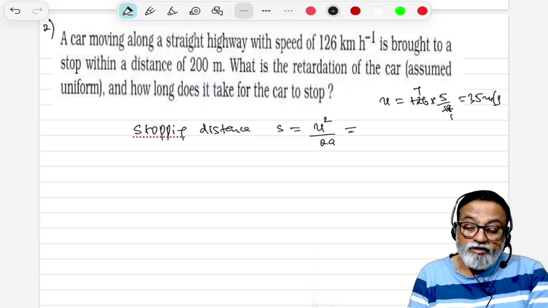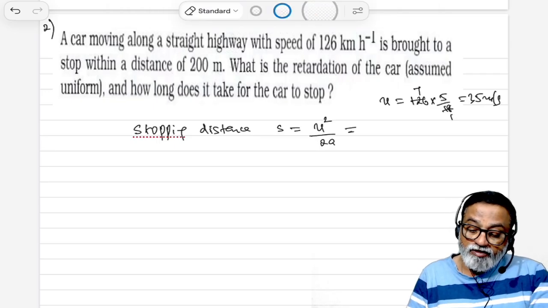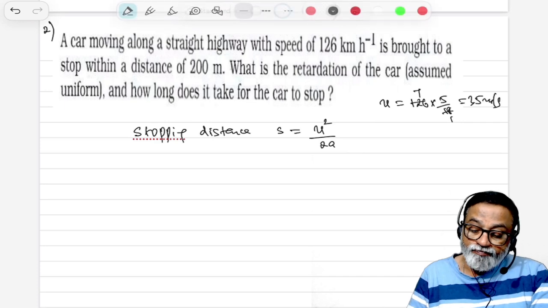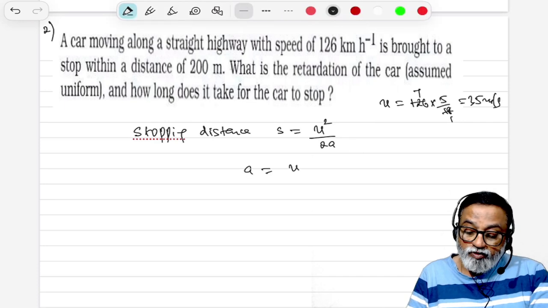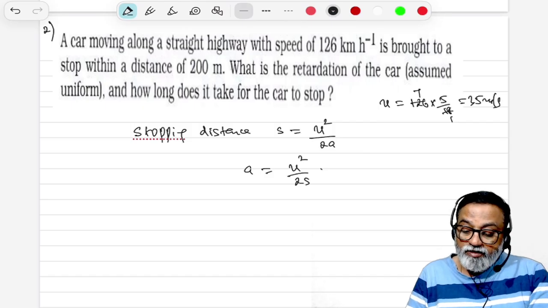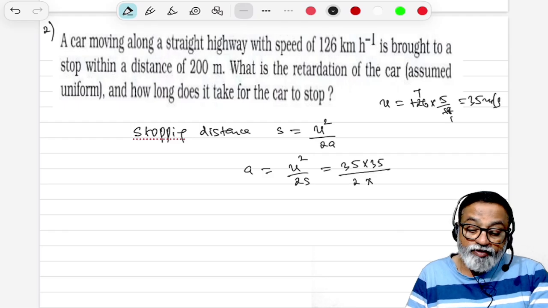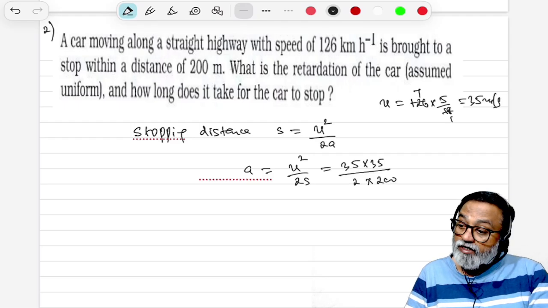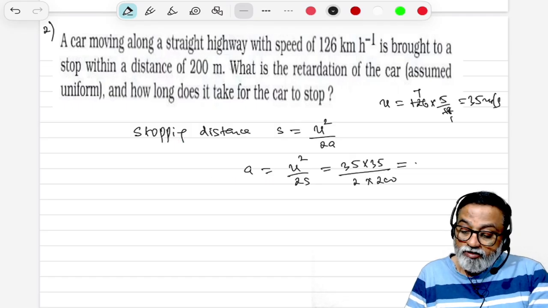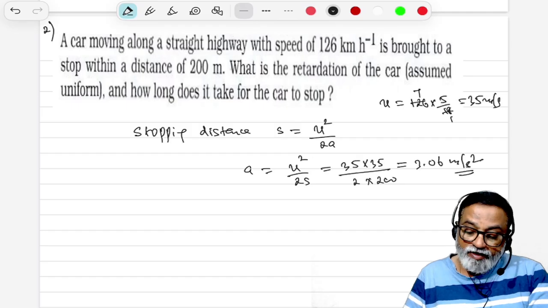Here I have to find the retardation. Therefore, A is equal to U square by 2S, which is 35 into 35 by 2 into 200, since S is given as 200. This becomes 3.06 meter per second square.